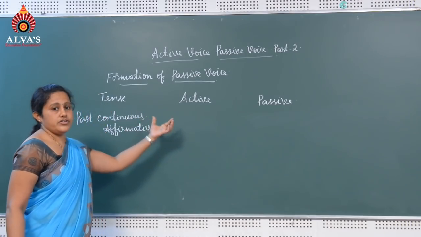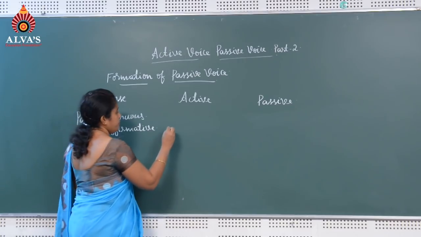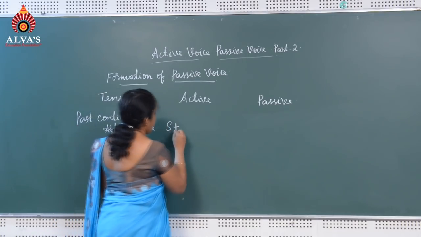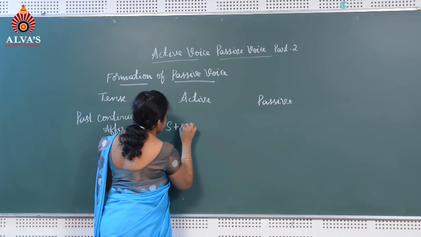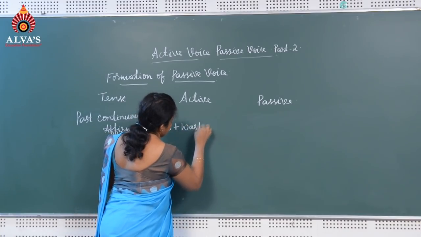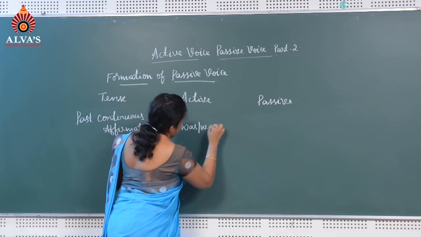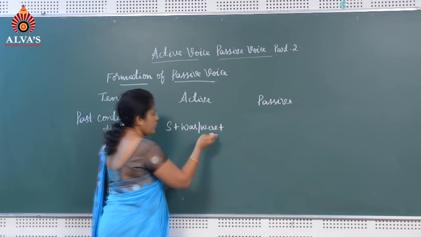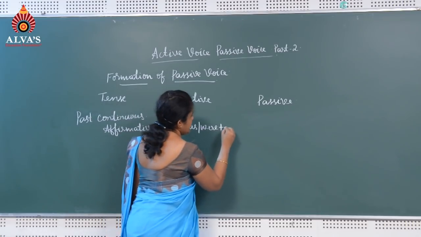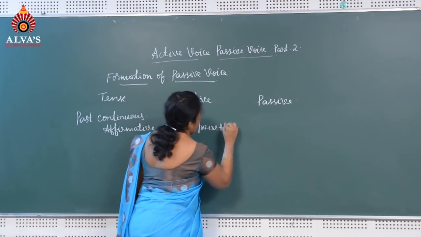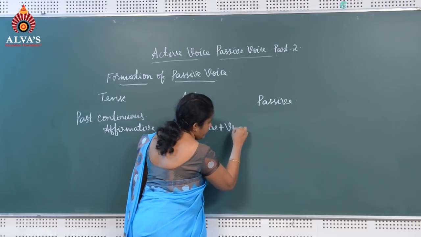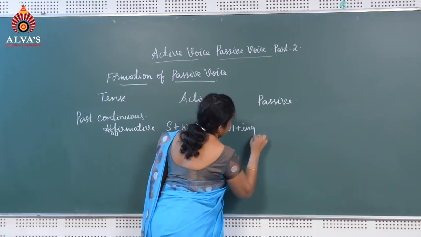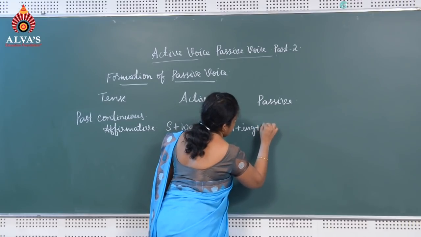The formula is subject plus was or were plus first form of the verb plus ing plus object.